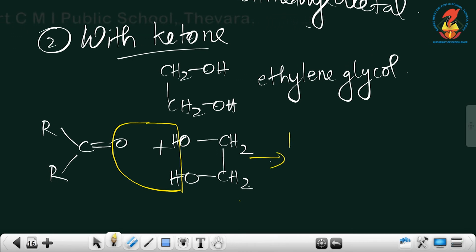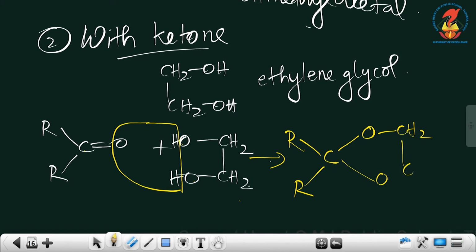Start from here, R, C. Till this much portion there is no change. It was initially C double bond O. Now it will become 2 single bonds. And these two bonds will be connected to, this carbon will be connected to this oxygen and this oxygen.